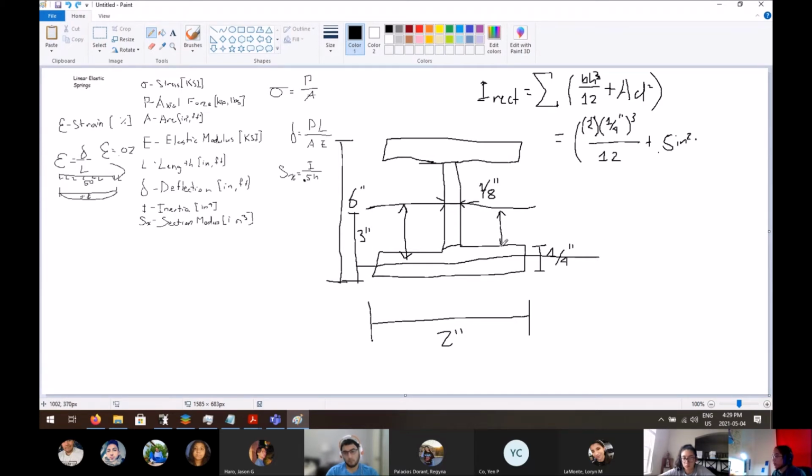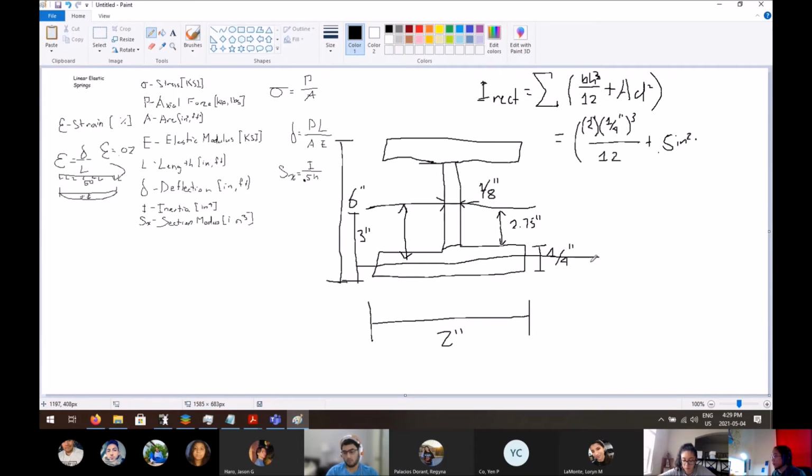So the distance from the edge of the flange to the neutral axis is 2.75 inches, or 2 3/4. And then you would have to divide this in half.